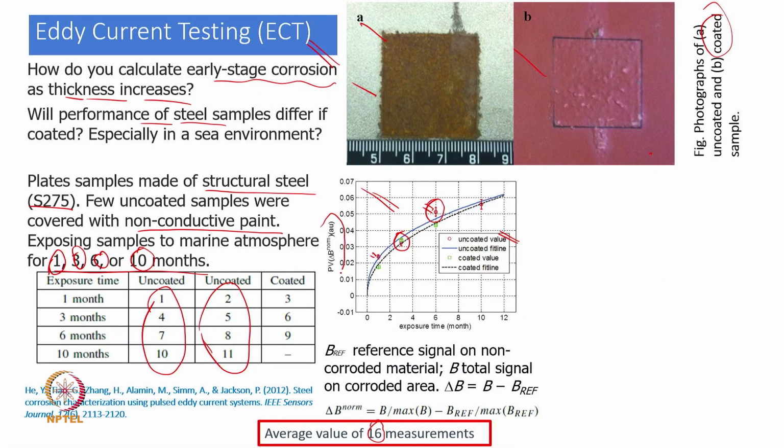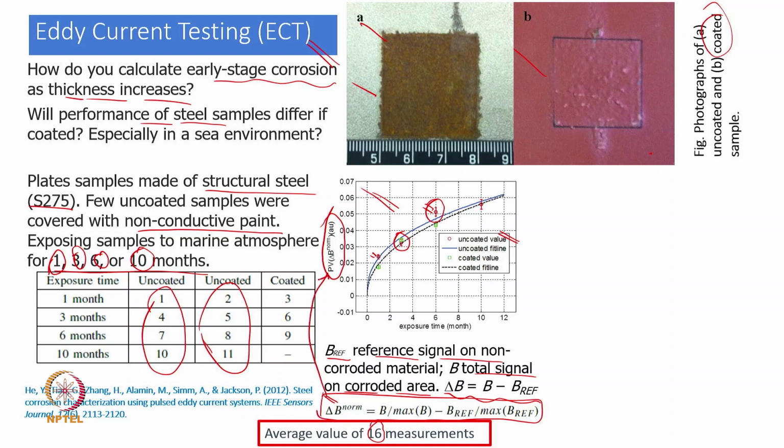Now what they have measured here, the B norm, has been plotted. How do we go ahead with the B norm? Basically, they initially capture the reference signal when the material is not corroded at all, and then they capture it in the real case, and they take the difference, and then do a normalization using this formula that has been plotted over here.